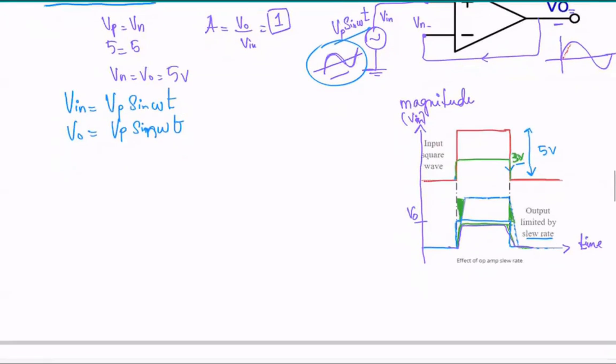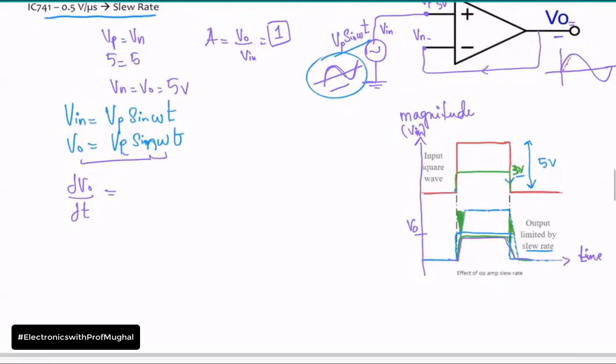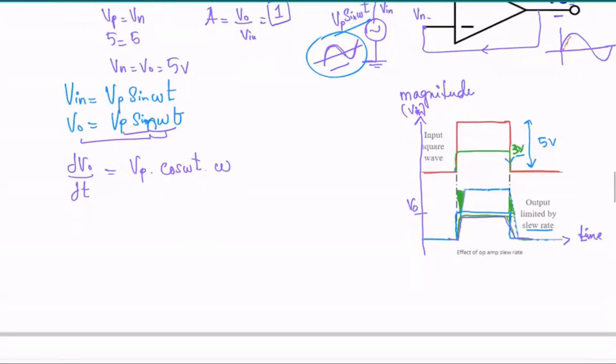So I can write down this equation as dV naught over dt, that's the change in output voltage over a period of time, equals, if I take a derivative, what would this be? Vp sine omega t differentiates to cos omega t, correct? And then cos omega t times omega, correct? That is what we would get.